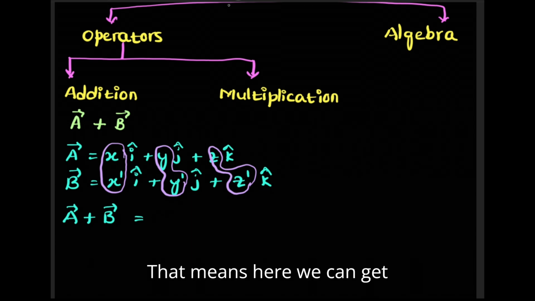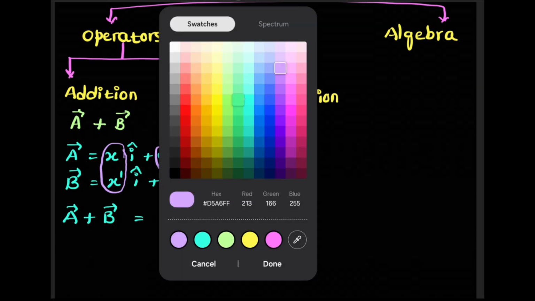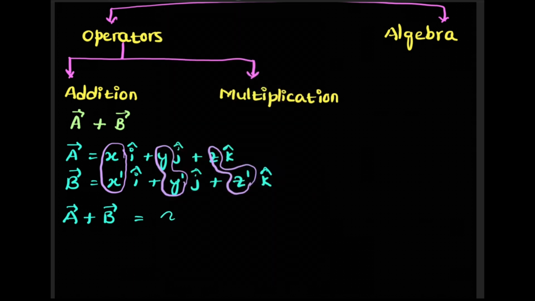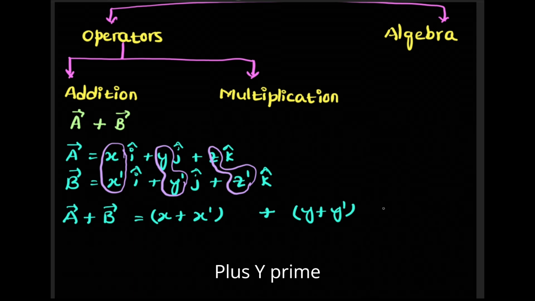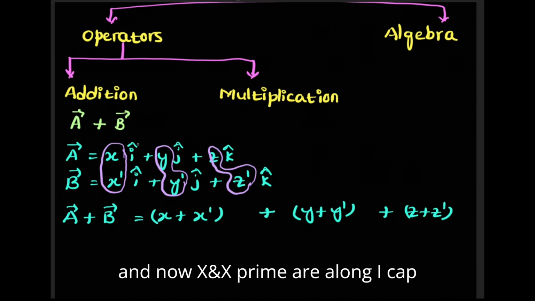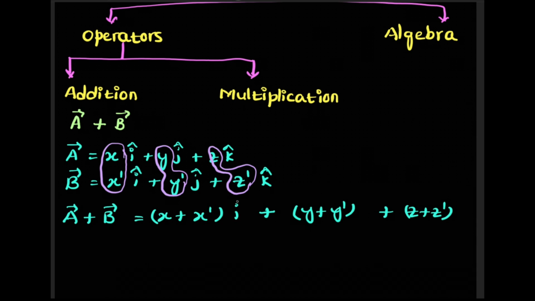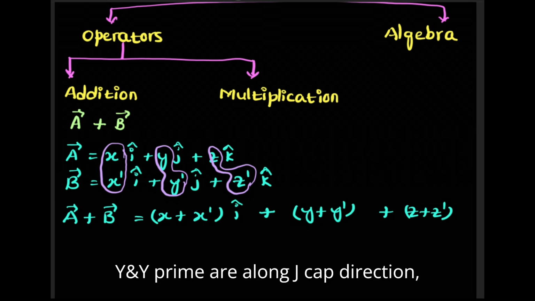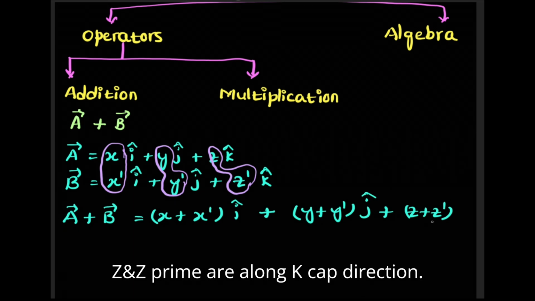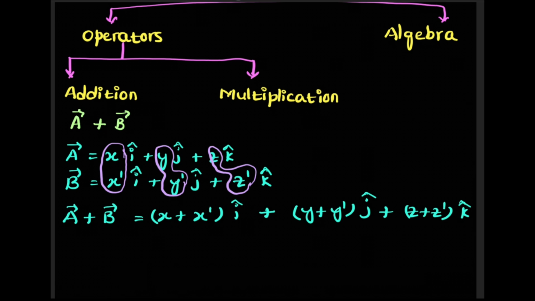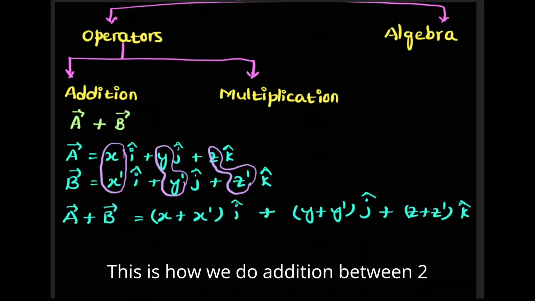That means here we get (x plus x prime) i cap plus (y plus y prime) j cap plus (z plus z prime) k cap. Now x and x prime are along i cap direction, y and y prime are along j cap direction, z and z prime are along k cap direction. This is how we do addition between two vectors.